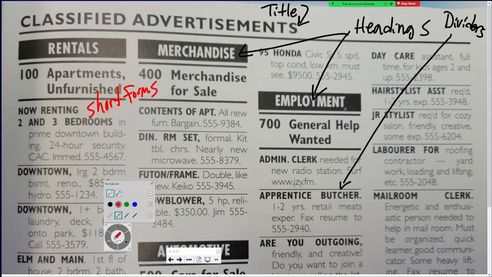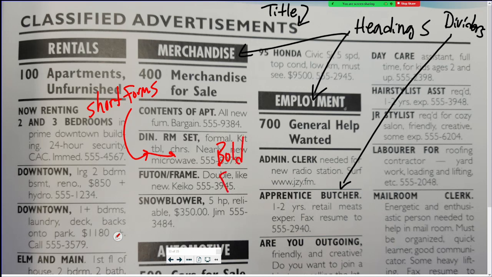Let's find one here. There we go. Table, shares. Let's see. We have bold. We have bold font right here.